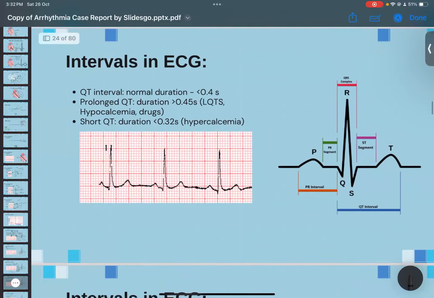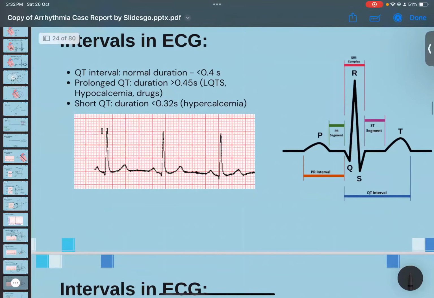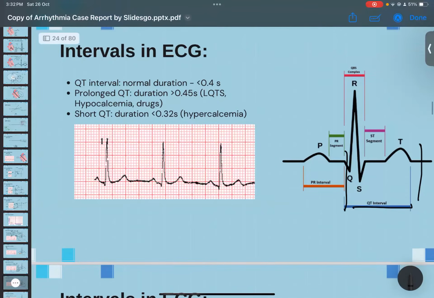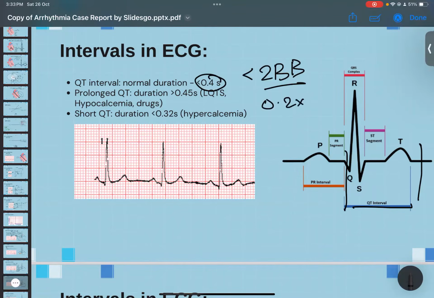Coming to your QT interval, it is from the start of your Q to the end of your T. And this has to be less than 2 big boxes. So 0.4 seconds. Basically 0.2 times 2 boxes would give you 0.4 seconds. So it has to be less than 2 big boxes.